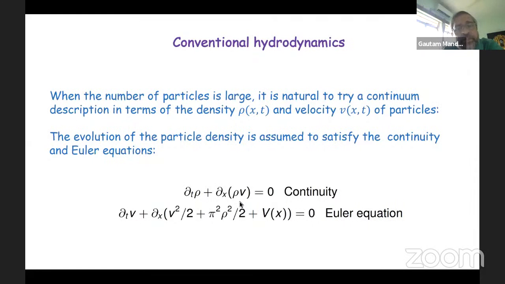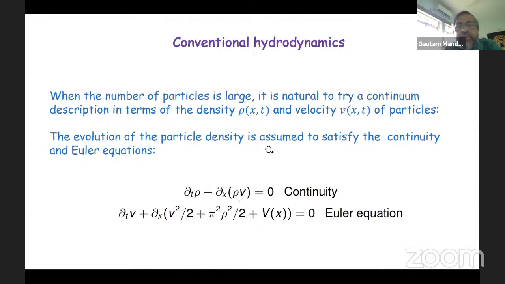Let me tell you how it is conventionally described. That is by using the usual Euler equations of motion. When the number of particles is large, it is natural to try a continuum description in terms of the density, rho(x, t), and the velocity, the local density and local velocity of the particles.